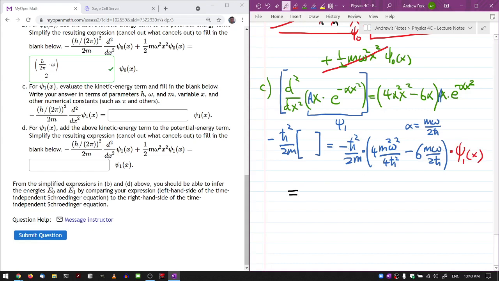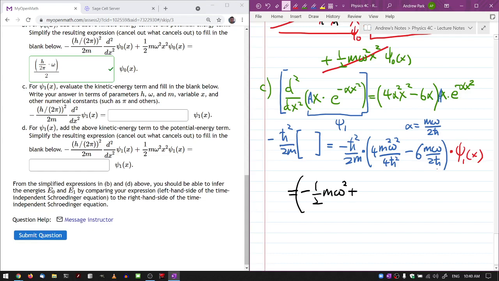For the first term, I have h bars canceling, fours canceling, one factor of m canceling. Oh yeah, I think I've seen this before: minus 1/2 m omega squared x squared times psi 1 of x. And then plus, I have 3m omega over h bar.